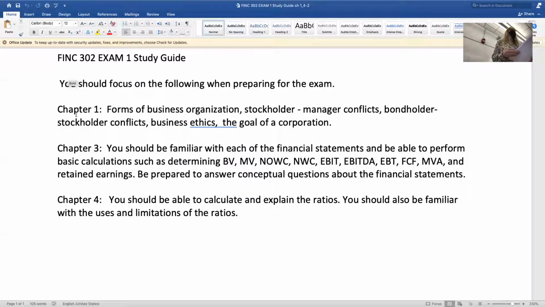Okay, and just be familiar with what's on a balance sheet and what's on an income statement. So there are some conceptual questions about the financial statements.